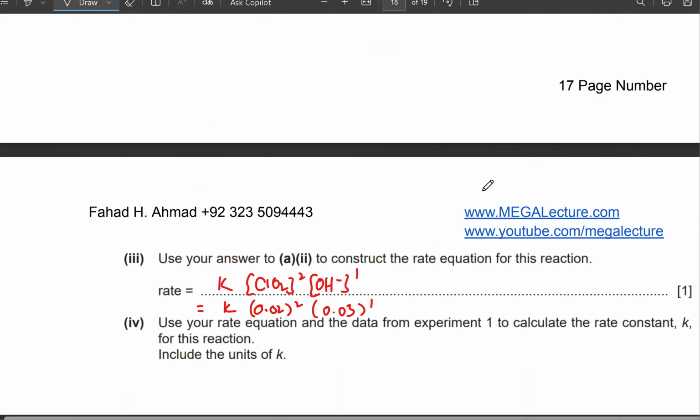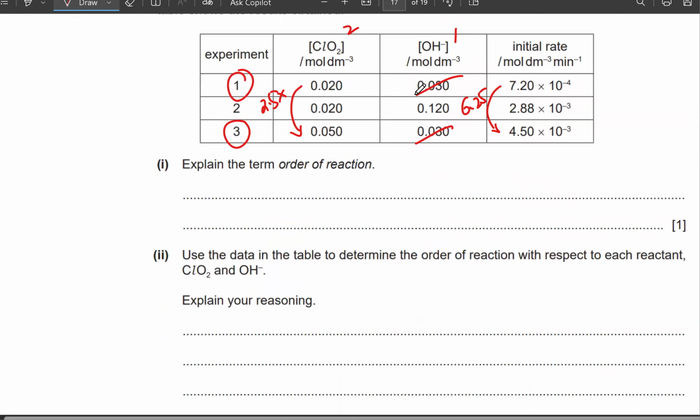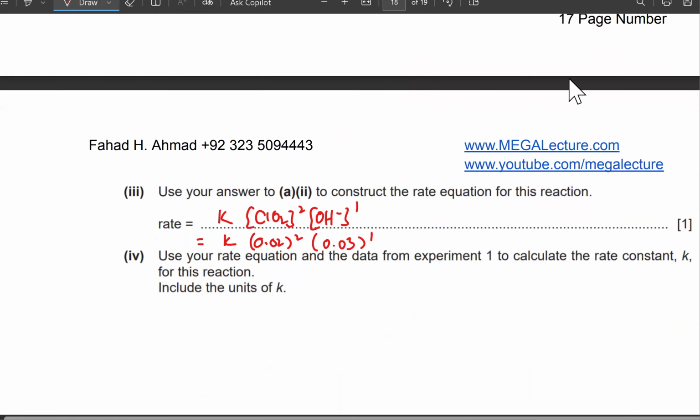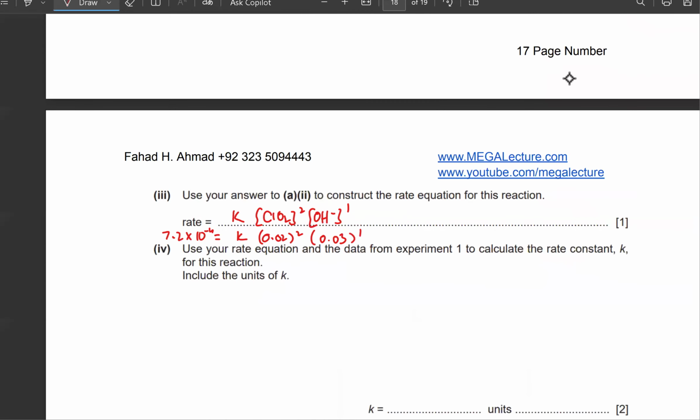And what is the rate they gave in the first experiment? That was 7.2 times 10 power minus 4. Can you find K? K is 60? Yes.